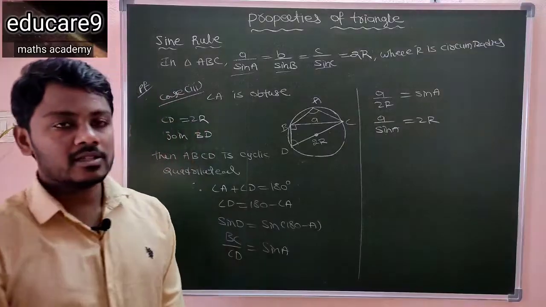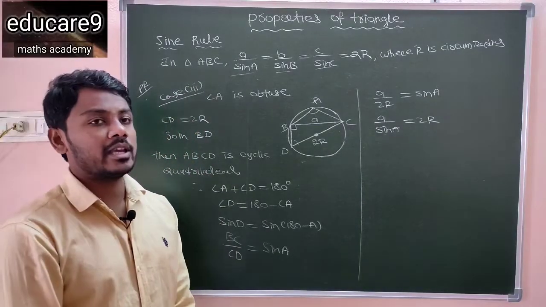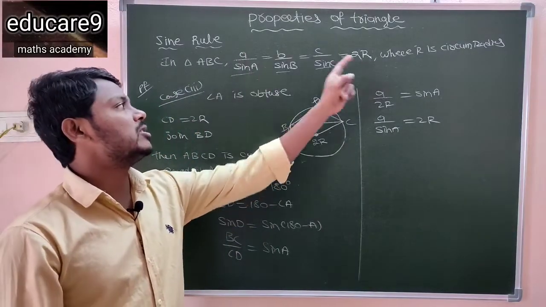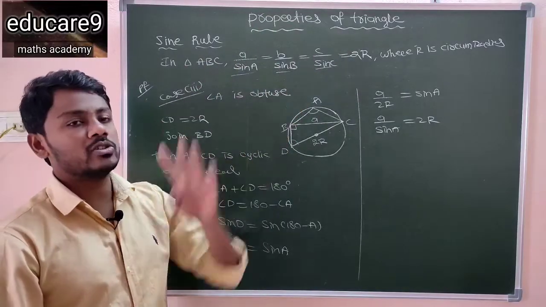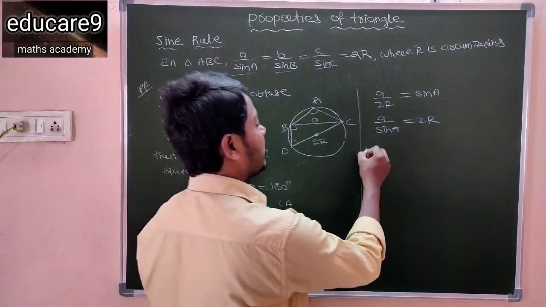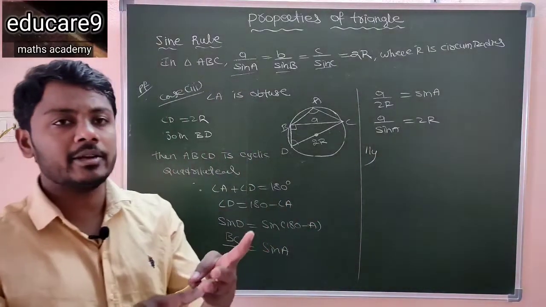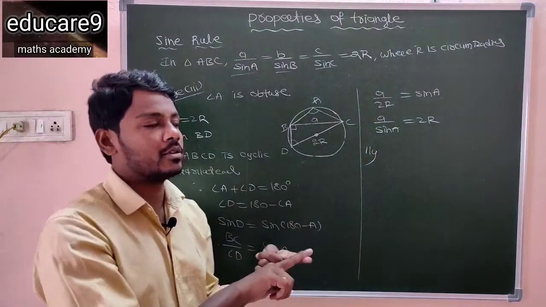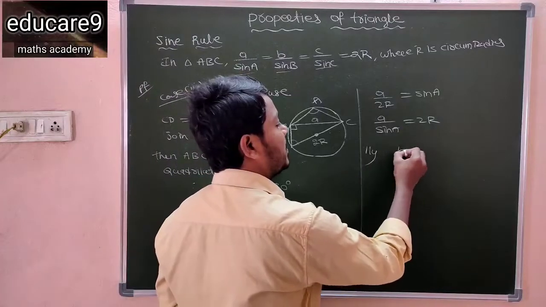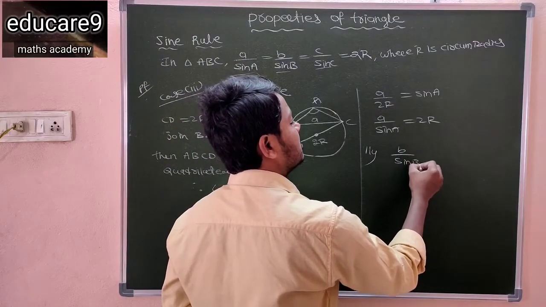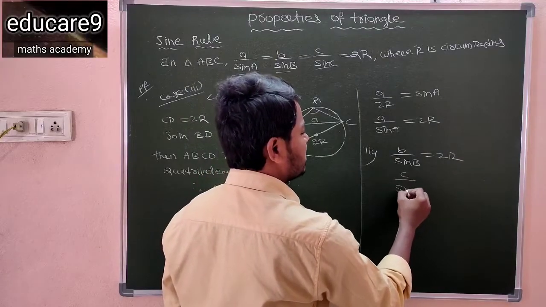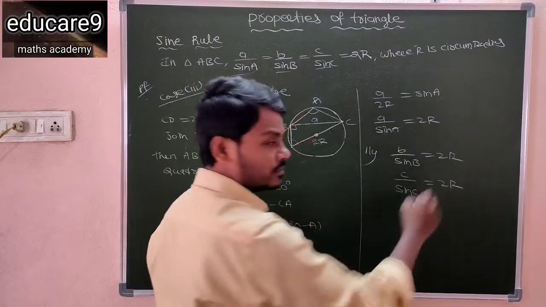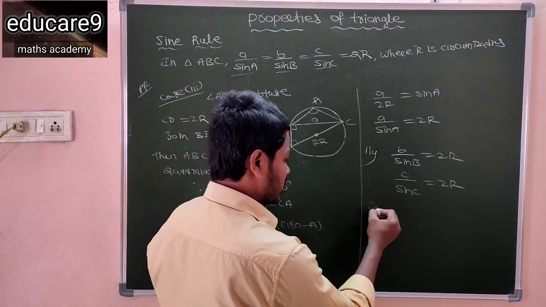Clearly from the three cases we can say that a by sin A is equal to 2R in any triangle ABC. Similarly you can prove for B acute, B right angle, B obtuse, and you will get b by sin B is equal to 2R, and c by sin C is equal to 2R.